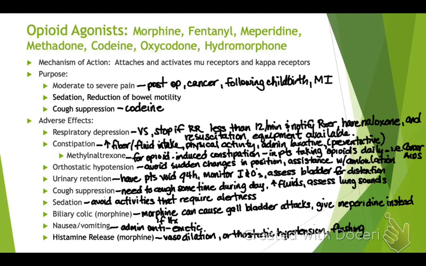Constipation is probably one of the big ones because the kappa receptors deal with GI motility, so they will have constipating effects. So you want to educate your patients to know that this will be a normal adverse effect of the medication.